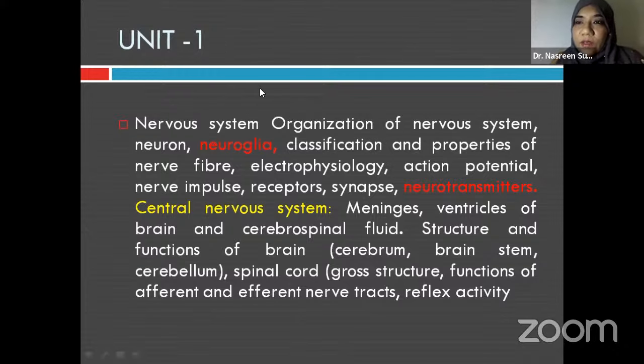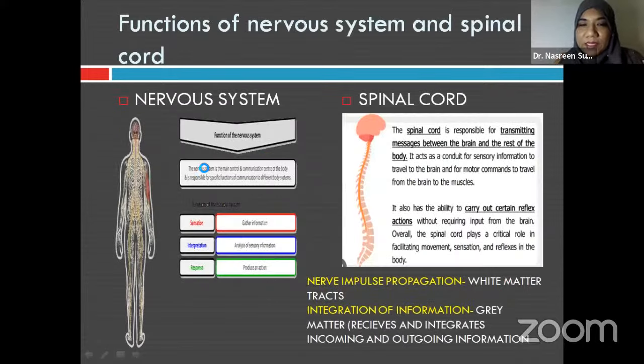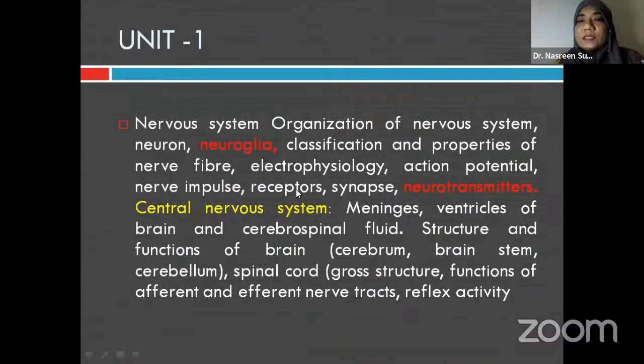So in unit 1, it is completely about the nervous system, right? It has the organization of the nervous system, neurons, neuroglia, classification and properties of nerve fiber, electrophysiology, action potential, nerve impulse, receptors, synapse, neurotransmitters.